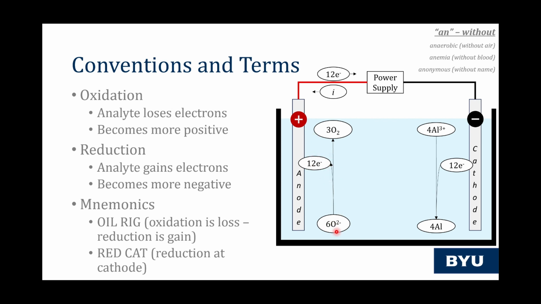And you'll see these 12 electrons, they jump from your analytes into your anode, then through your power supply, and then back through your cathode into another analyte to balance things out. And you'll notice that while electrons are moving in this direction, your current definition is actually moving in the opposite direction.